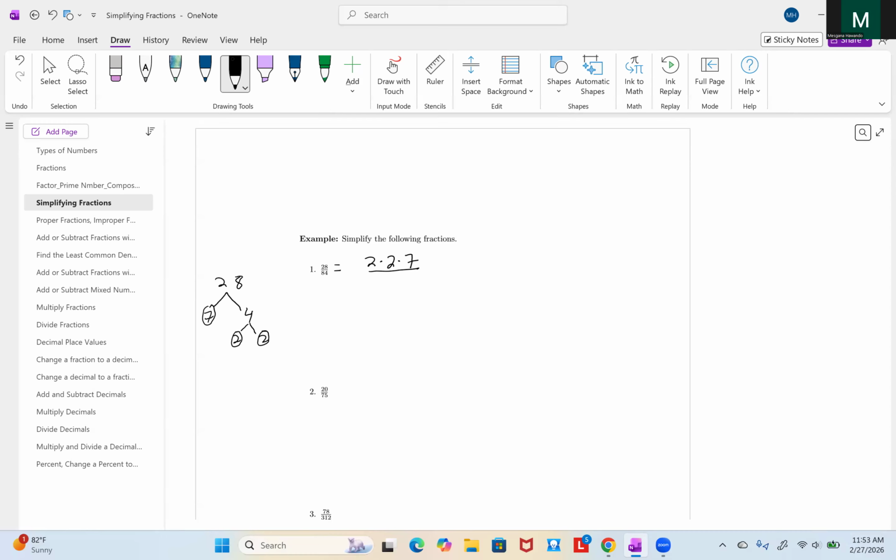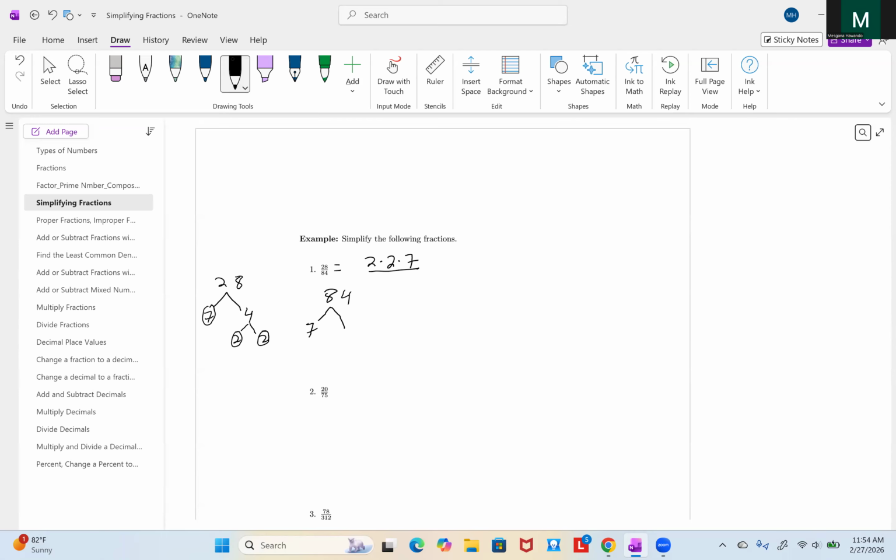We need to do the same thing with 84. 84 goes into, let's say, 7 times... 84 divided by 7 is 14.